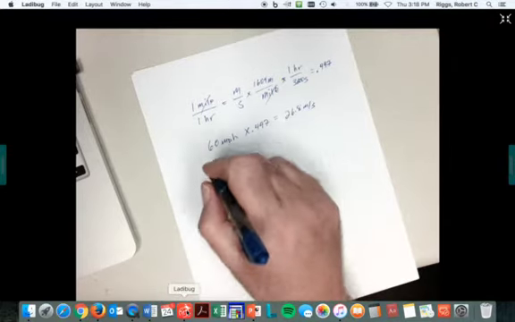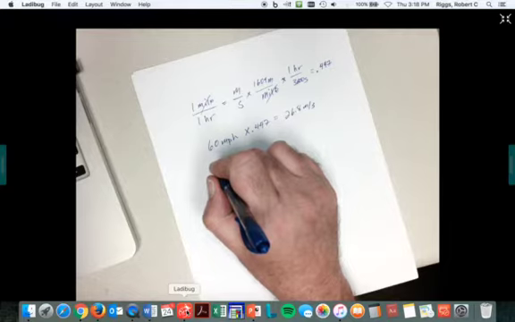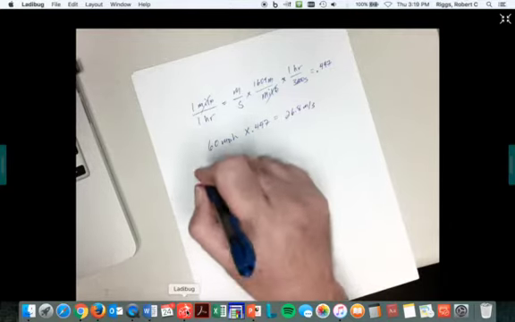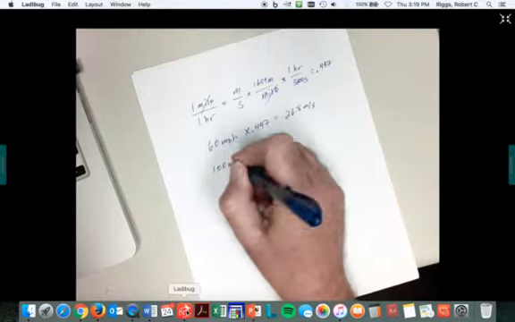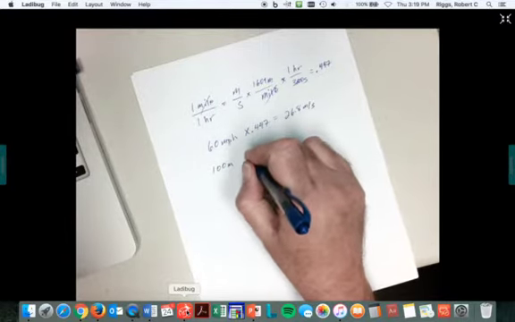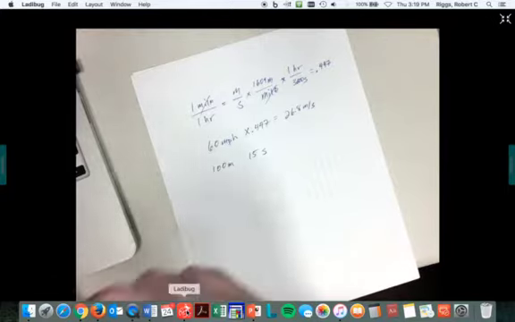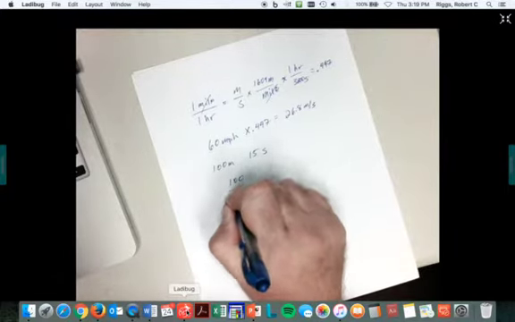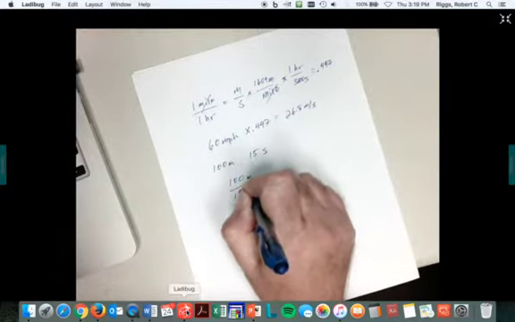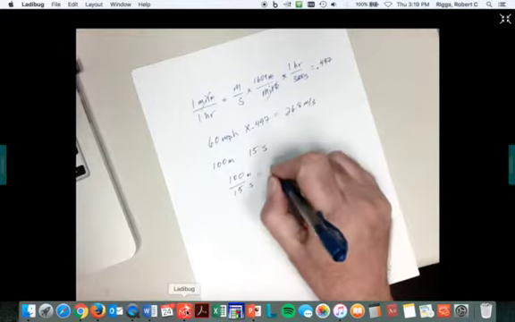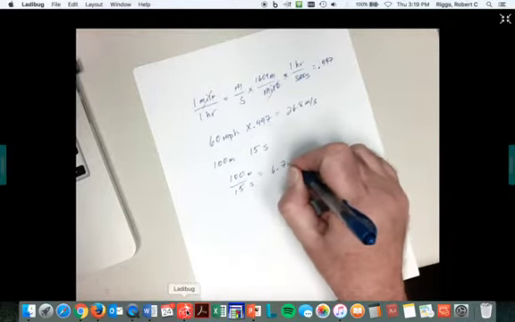let's say a slower runner, like me, ran 100 meters in 15 seconds. I take 100 divided by 15 meters per second, and that gives me my speed: 6.7 meters per second.